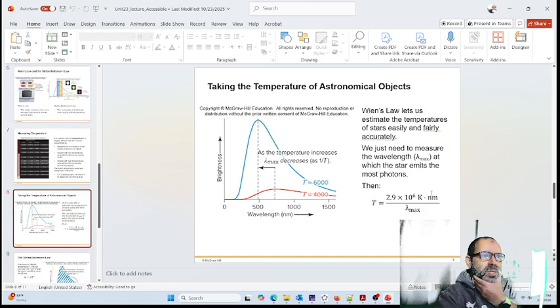Again, I mentioned Wien's law, and Wien's law gives me the temperature in terms of the peak wavelength or frequency. Remember, wavelength and frequency are connected to one another. So in this case, it's expressed in terms of lambda max.